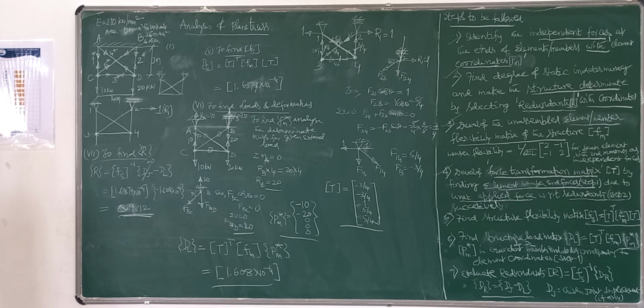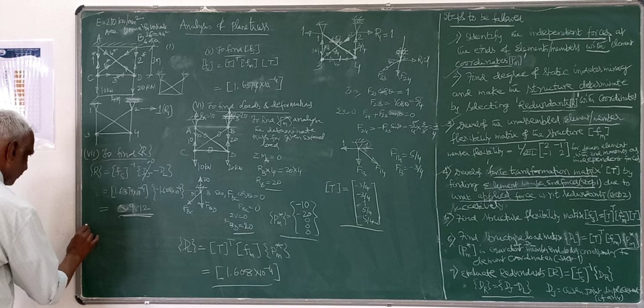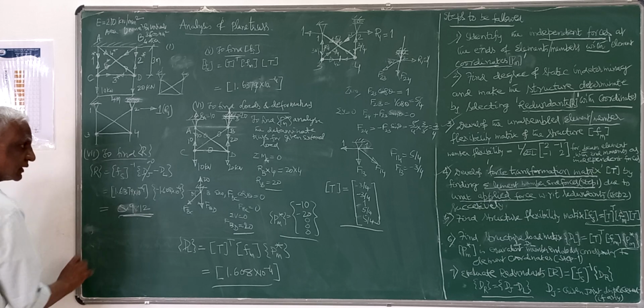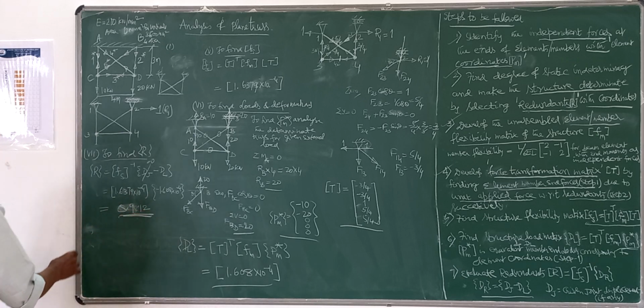You get R equals 0.9812. So the moment you get R, the last step, one more step I have to add here. It is 7th, 8th step.